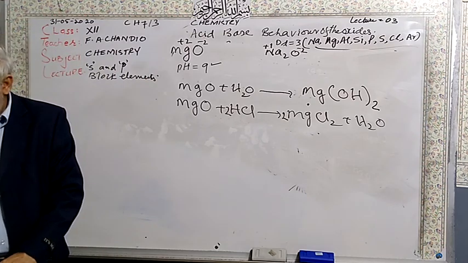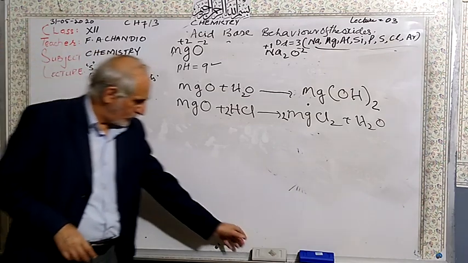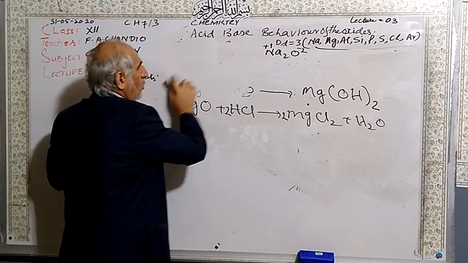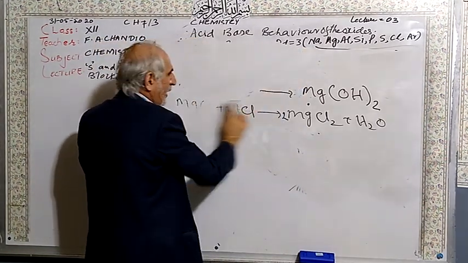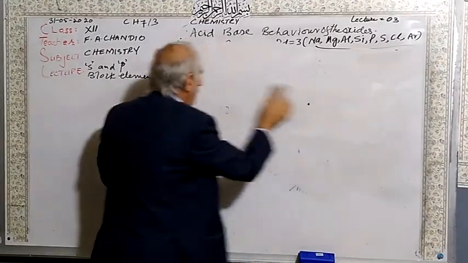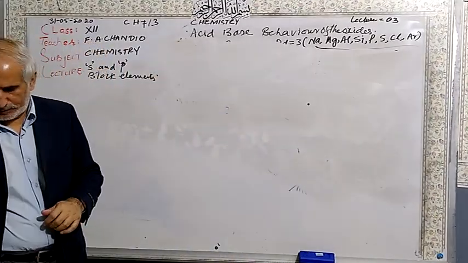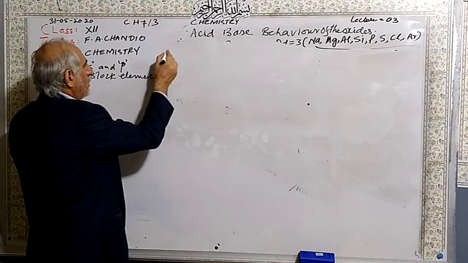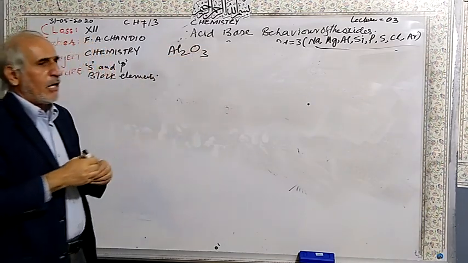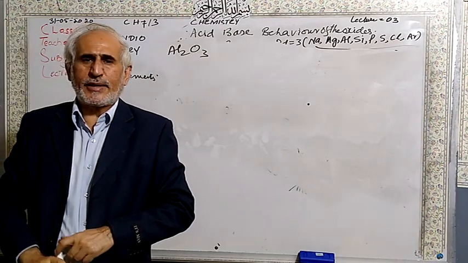Now for aluminum oxide, I told you, aluminum oxide is an amphoteric oxide.